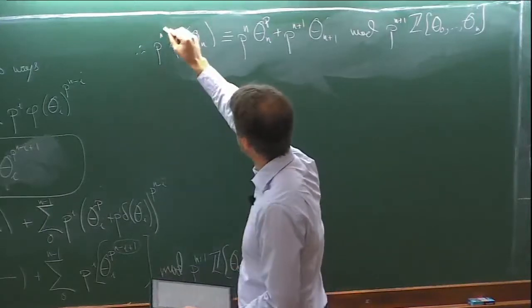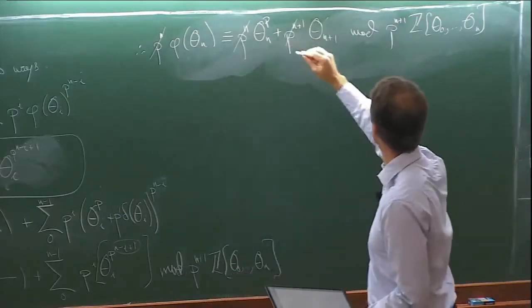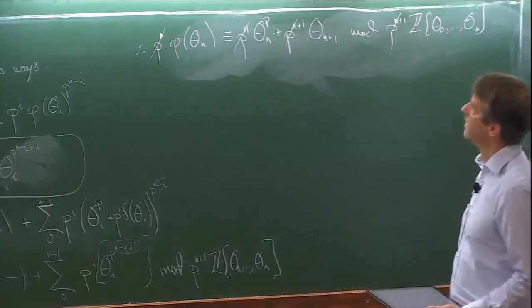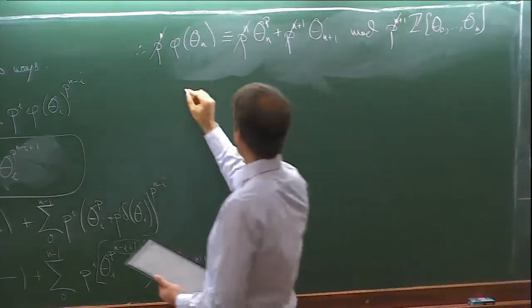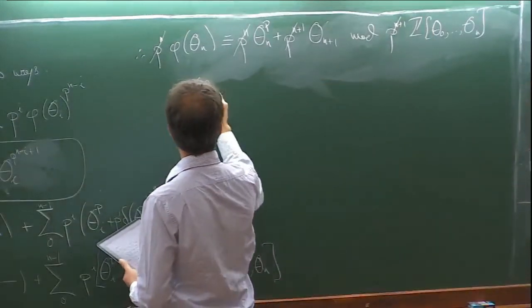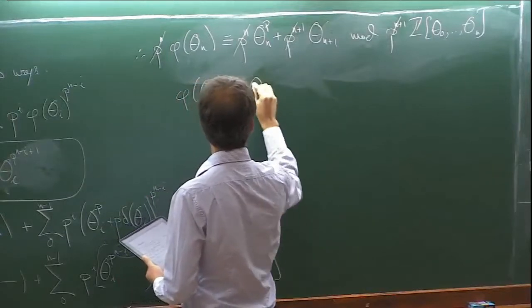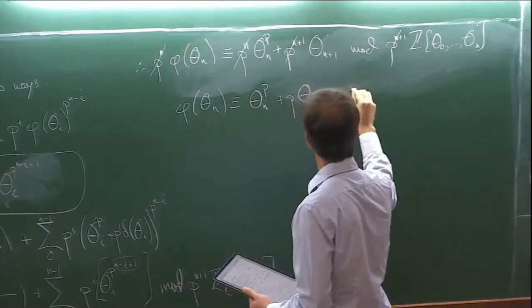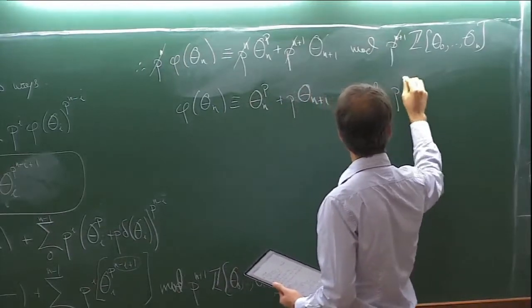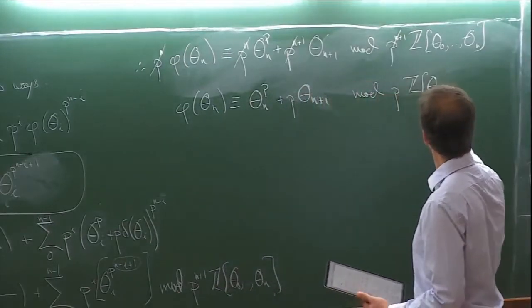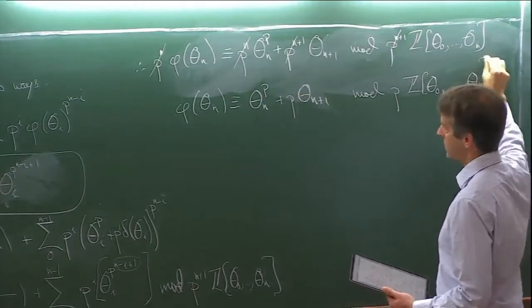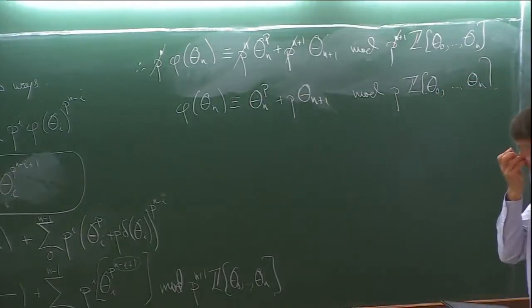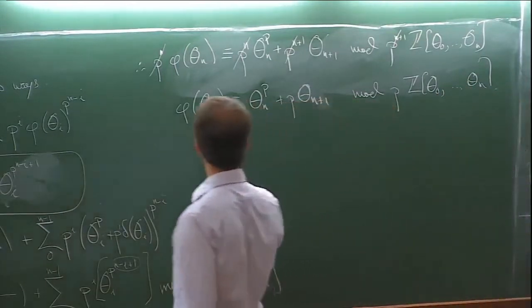Okay, now we cancel the p to the n's. And we have phi of theta n is congruent to theta n to the p plus p theta n plus 1 mod p. And now we expand this.